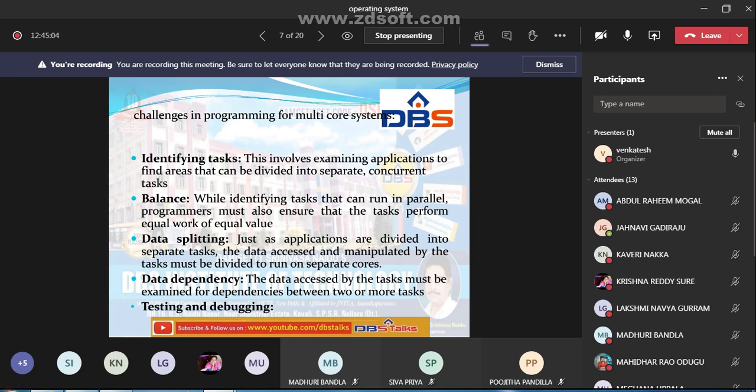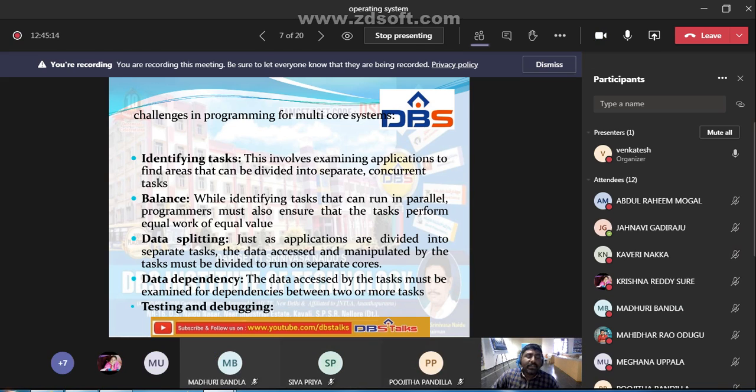Identifying the tasks means we are going to divide the tasks, that is, equal distribution of the tasks. Here a task means a thread. After that, we split the data associated with each task, that is, each thread, which is nothing but data splitting.